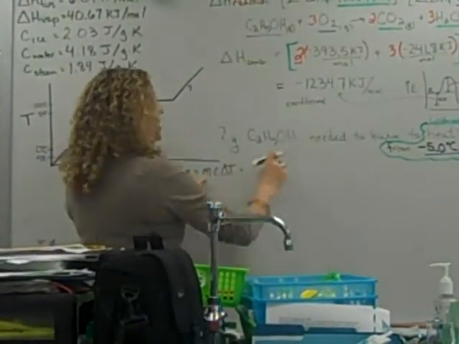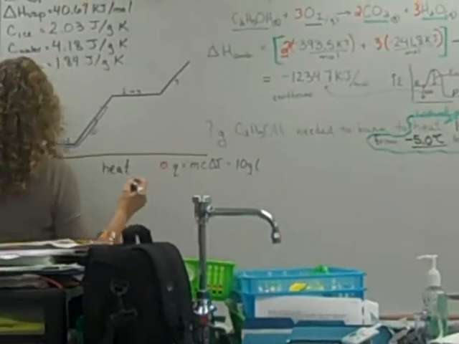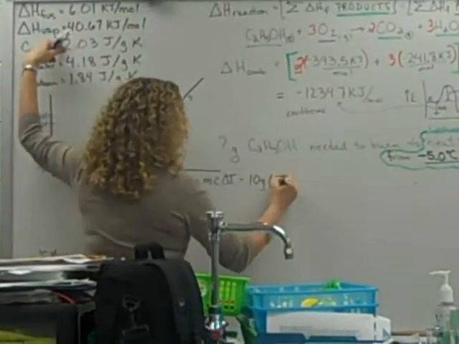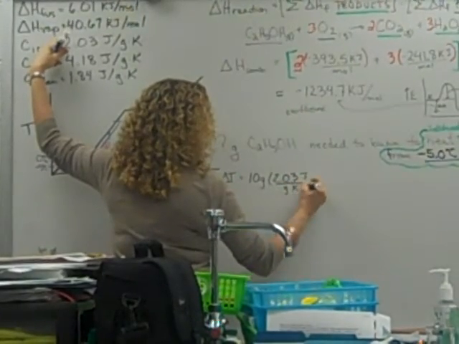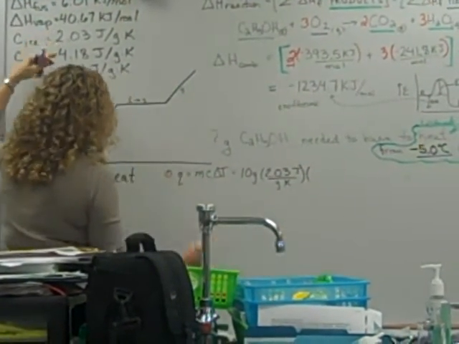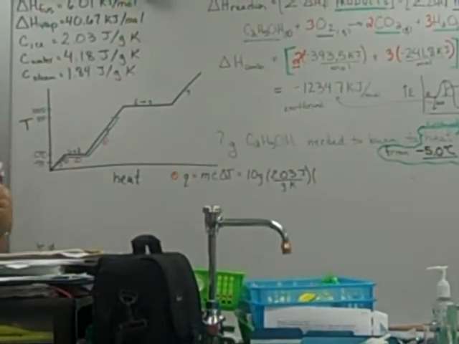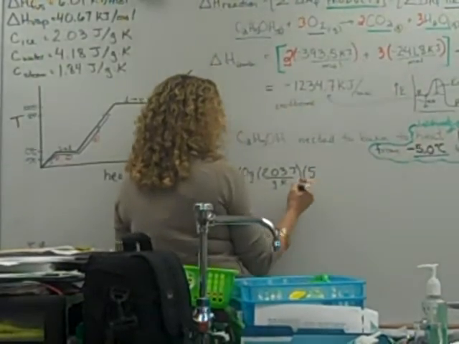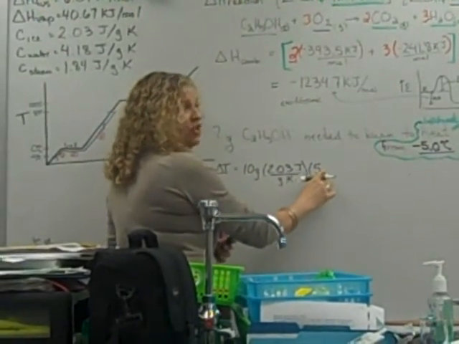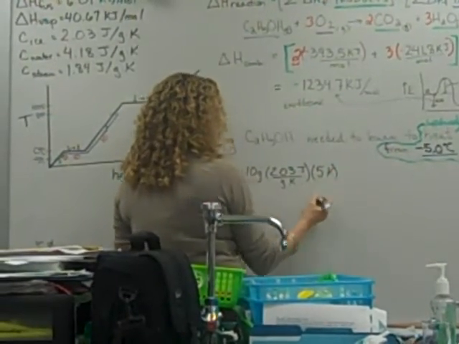My mass is 10 grams. My specific heat is 2.03 joules per gram Kelvin. And my change in temperature is from -5 to 0. We don't care about the positive or the negative, we just want the change. And so yes, it will be 5. Remember we said a change in Kelvin and a change in Celsius will be the same, so this will be fine.